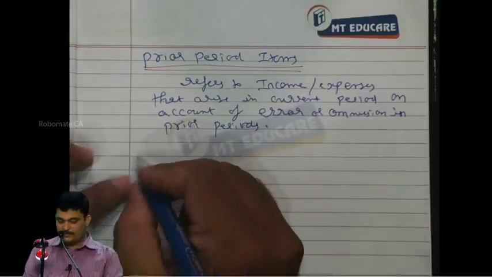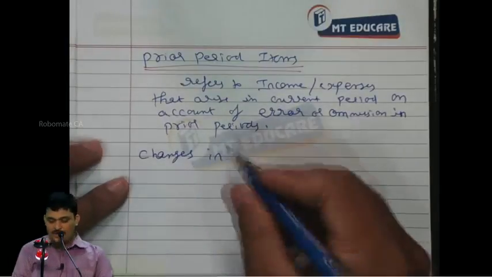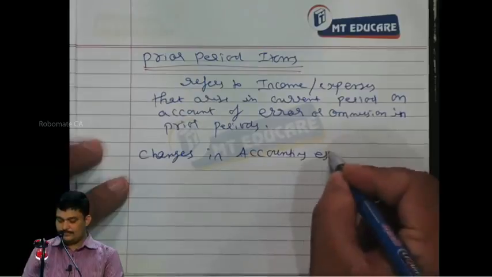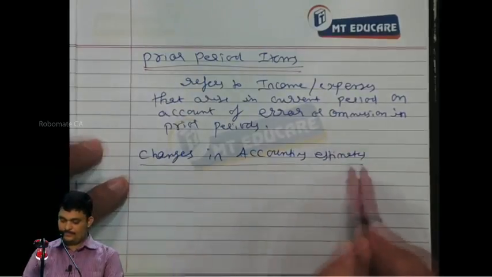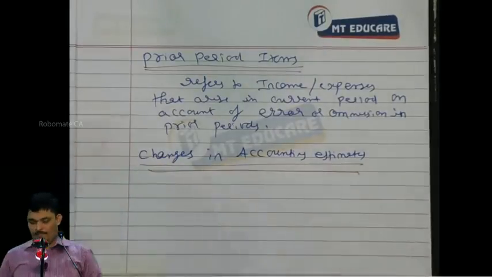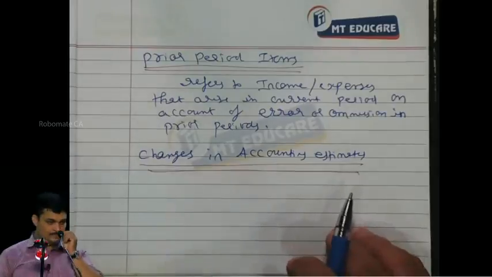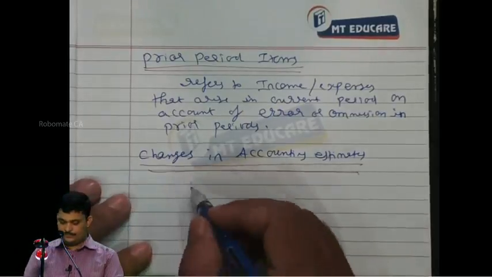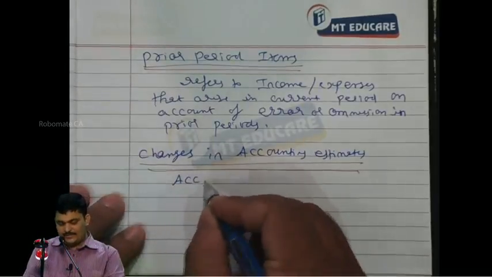Now the next item is what? Changes in accounting estimates. What is primarily an accounting estimate?